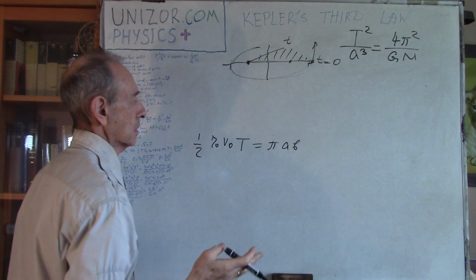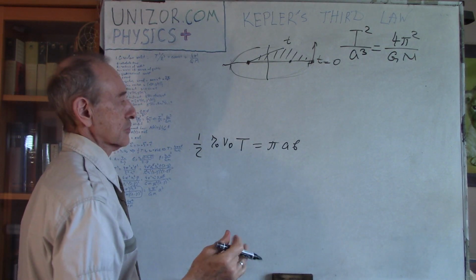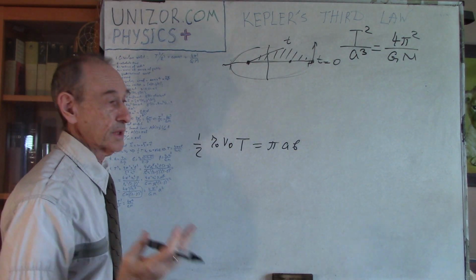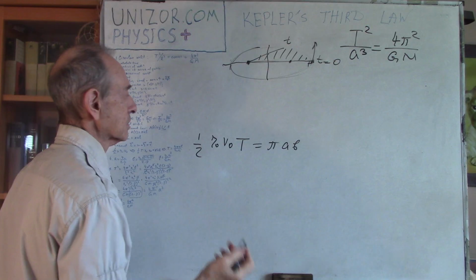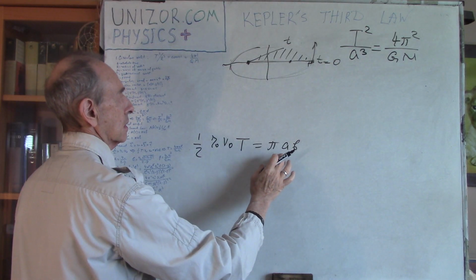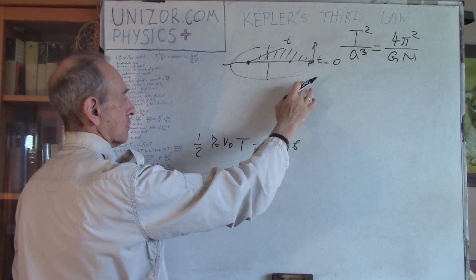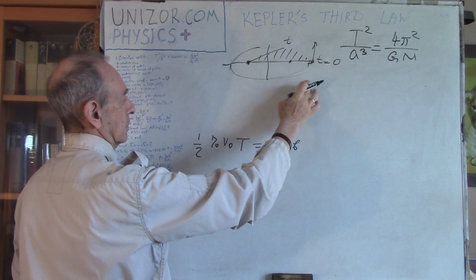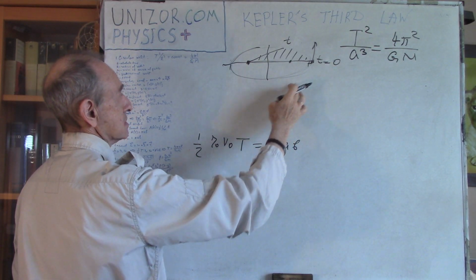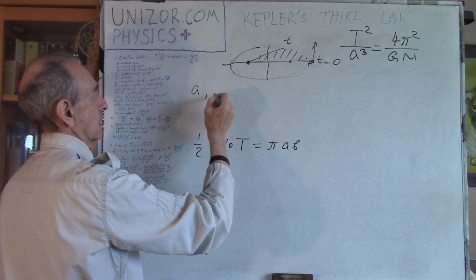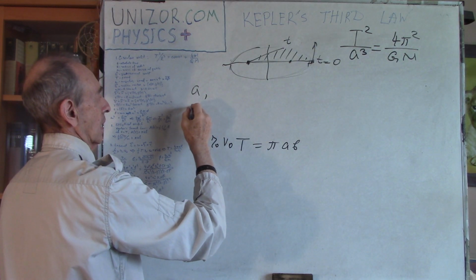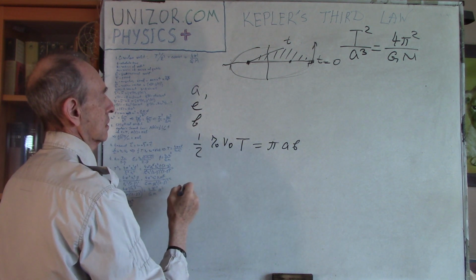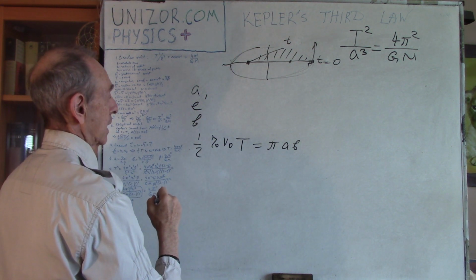Now, in one of the previous lectures, where I was talking about the geometry of a planet's orbit, I derived the geometric characteristics of this ellipse: the semi-major axis A, its eccentricity, and its semi-minor axis.